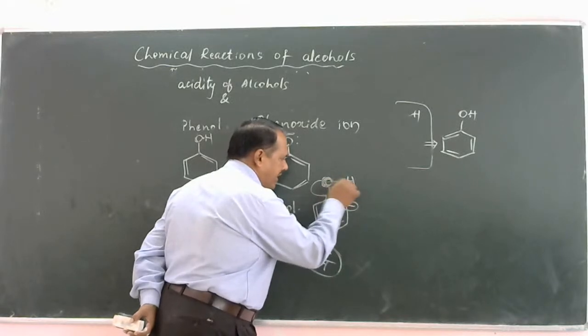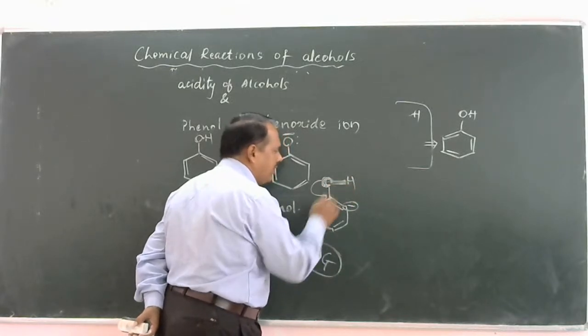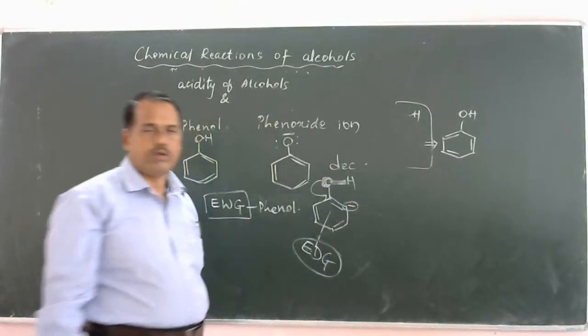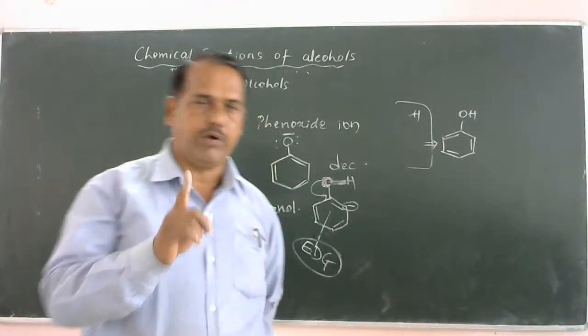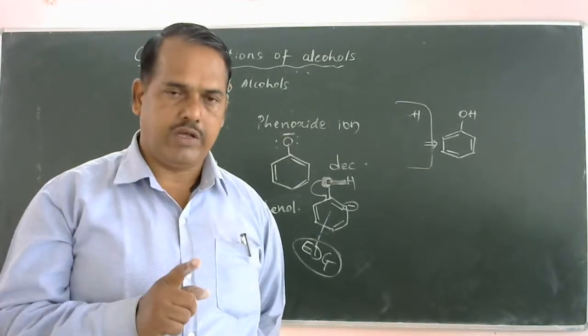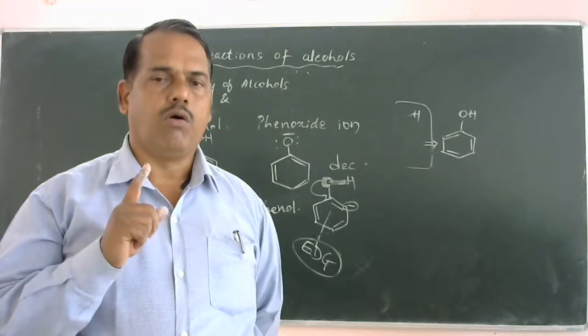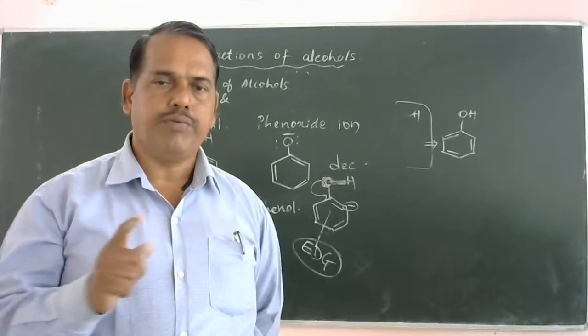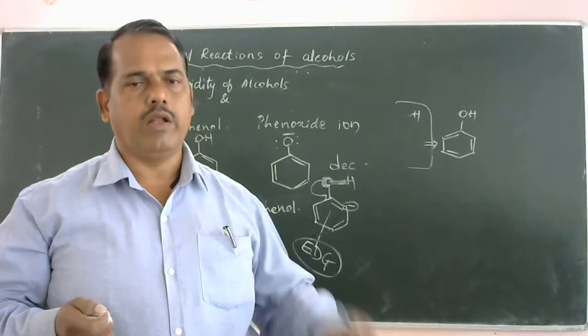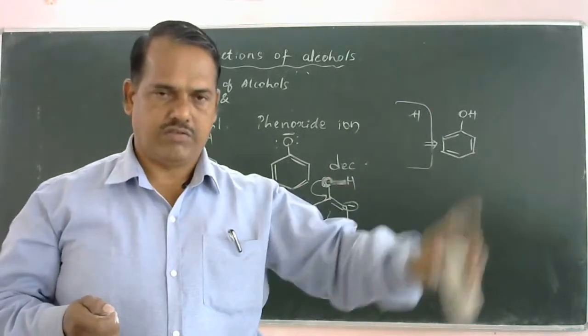Oxygen and hydrogen are tightly held. Then acidic strength decreases. That point you have to remember. Are you clear? I will repeat again, dear students. On phenol, if electron withdrawing groups are there, then acidic character increases.